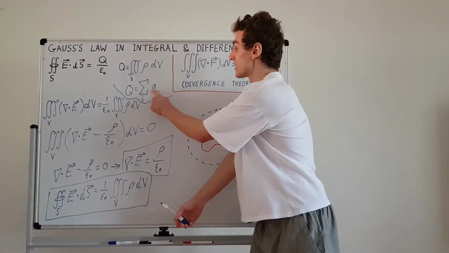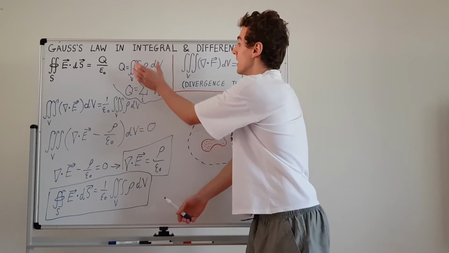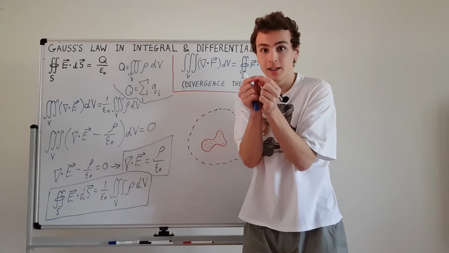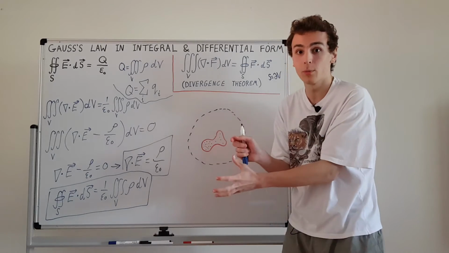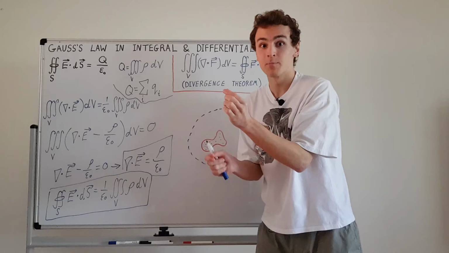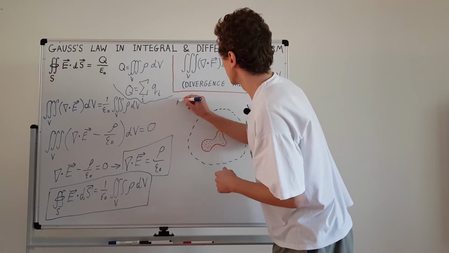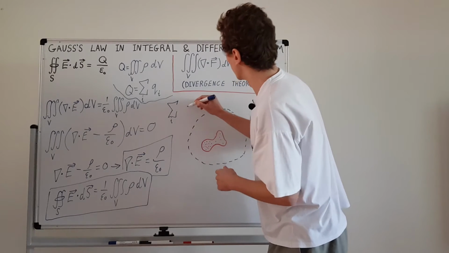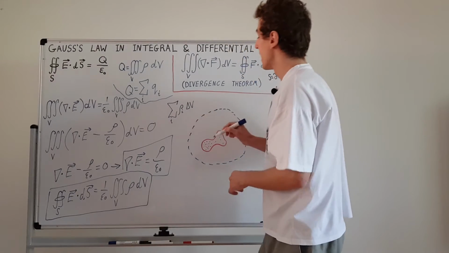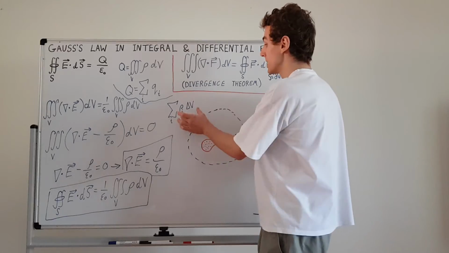And if you take the limit of this, it actually gives you this, right? If you take the limit of these, you get that. Because the amount of charge in each little chunk in a continuous charge distribution, like this little blob, is just the density at that point times delta V. Or you can think of it as the sum of the density at every point times delta V. And if we take the limit as delta V goes to 0, it's going to turn into an integral.